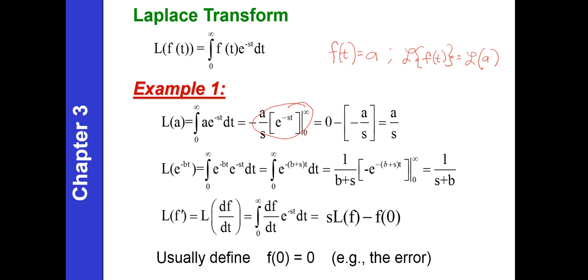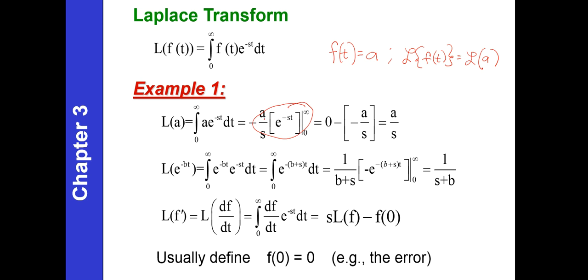If we substitute infinity for t, e to the negative st, e, which is Euler's number, with negative infinity is 0.